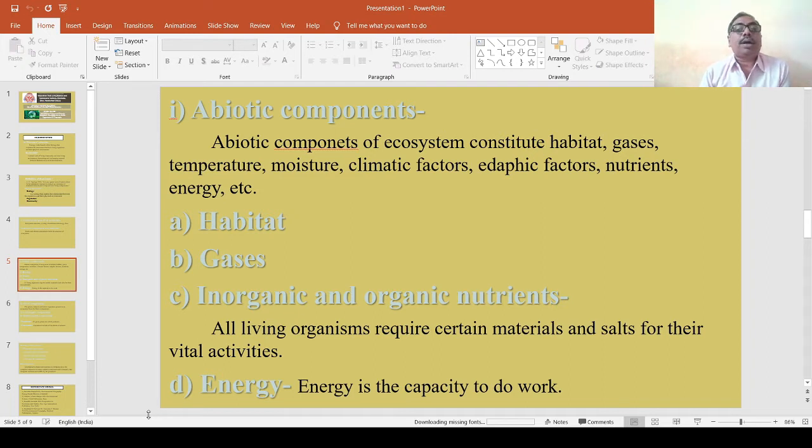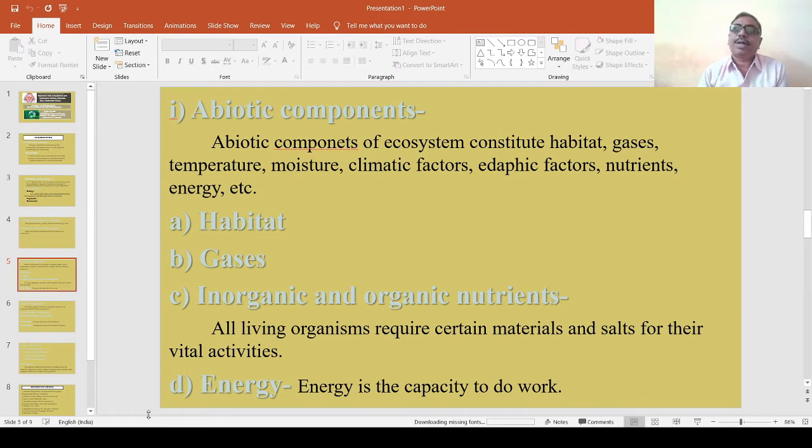The abiotic components of an ecosystem constitute habitat, gases, temperature, moisture, climatic factors, edaphic factors, nutrients, energy, etc.